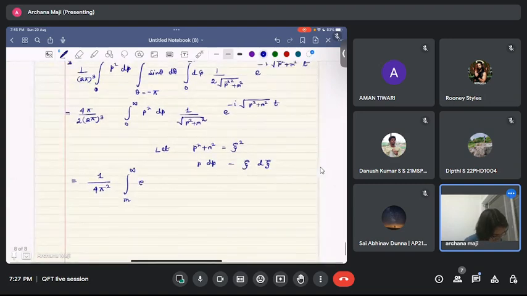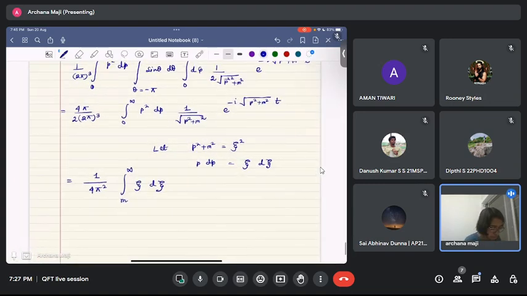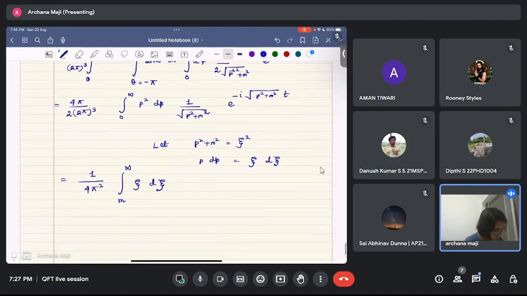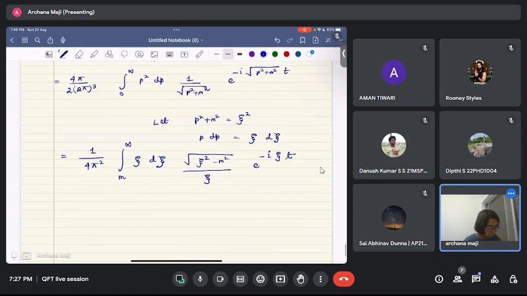So this is ξ dξ, and there will be another p left over in the numerator, which we can replace by the square root of ξ^2 minus m^2, and there will be exponential of minus iξt. Okay, these two get cancelled out, and we have an integration of this sort.